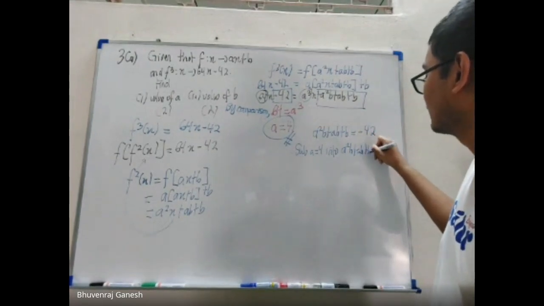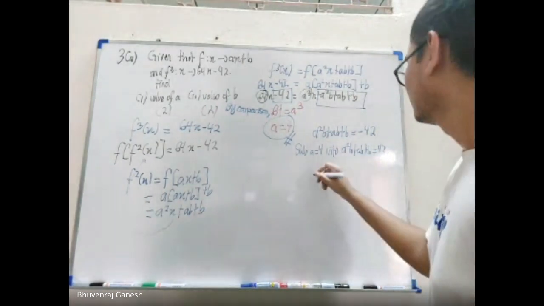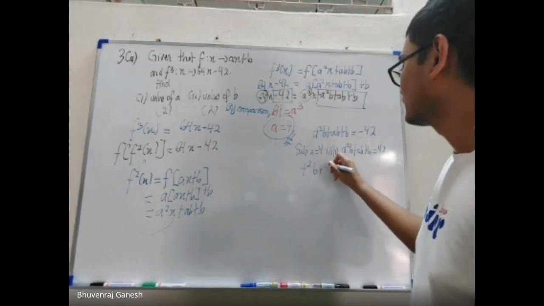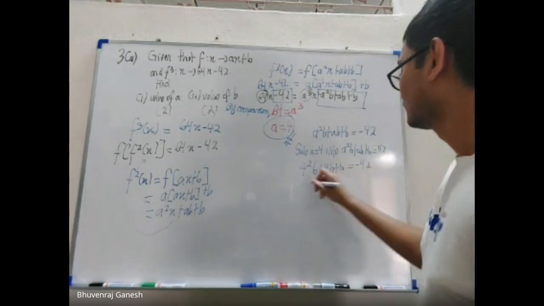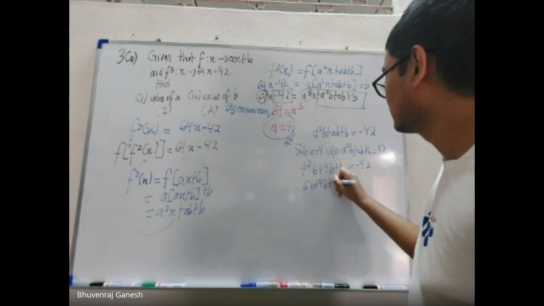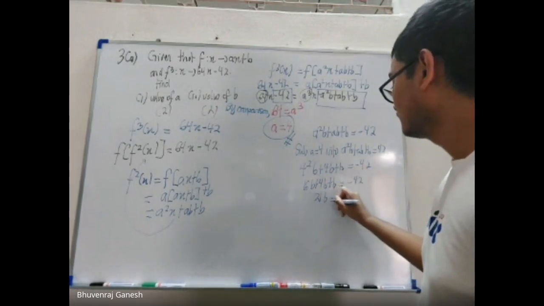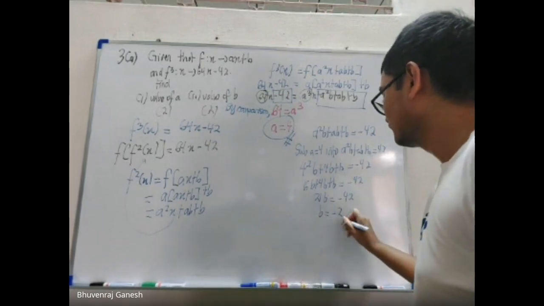If you didn't put the number label, you have to write down the whole equation to show where you're subbing it into. So here will be 4 square b plus 4b plus b is negative 42. So 4 square 16b plus 4b plus b is negative 42. 21b is negative 42. So your b is negative 2, done.